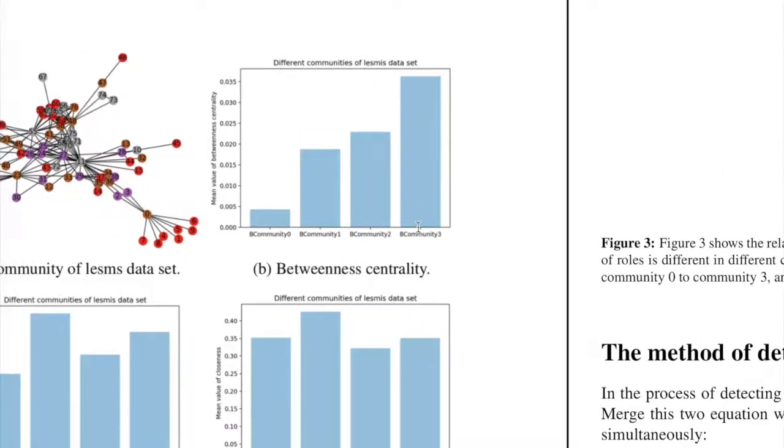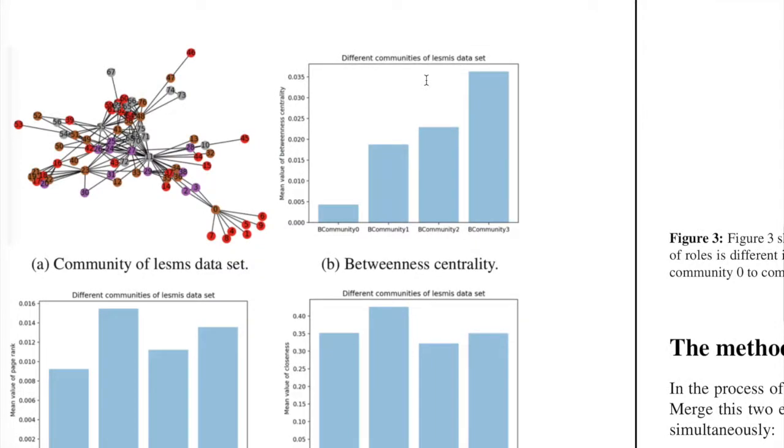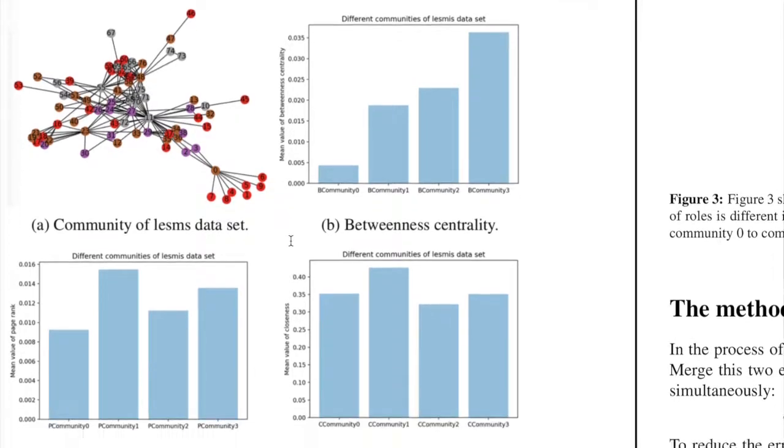Community 3 has the highest figure, so we can say that maybe the purple node is in the center, and community 0 has a very low figure. So we can say that the red one is community 0.